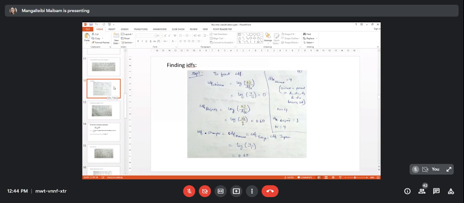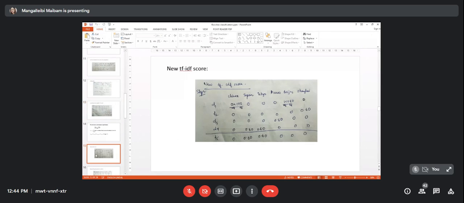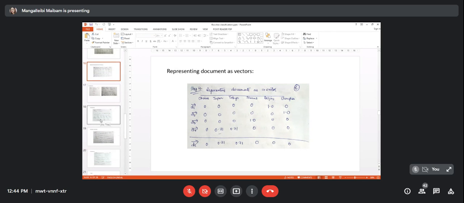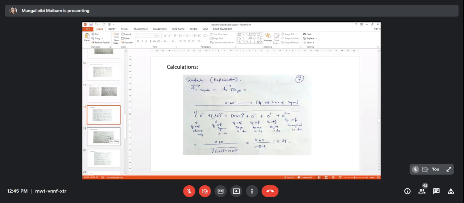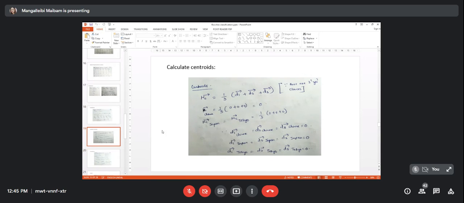So first step, remember once again, find the IDF values. Second step, find the TF score. Third step, find the new TF-IDF score. Then fourth step, convert the documents into vectors. Then fifth step, find the centroid values.